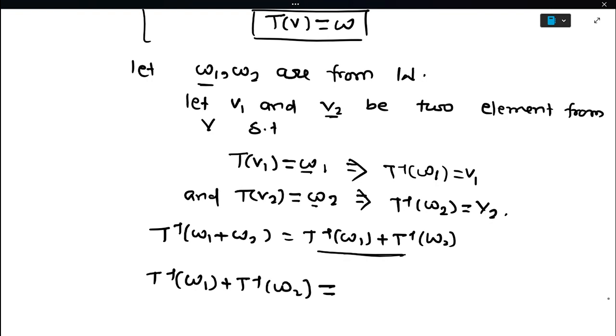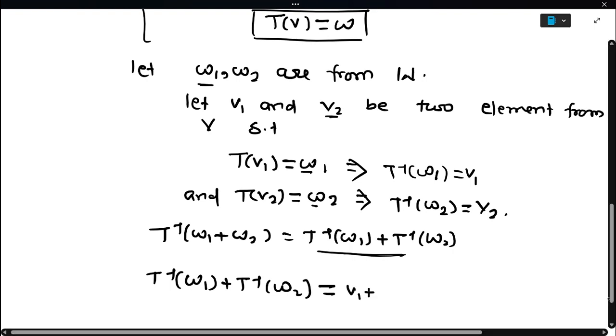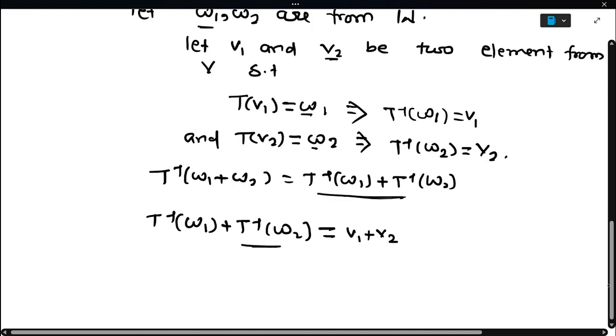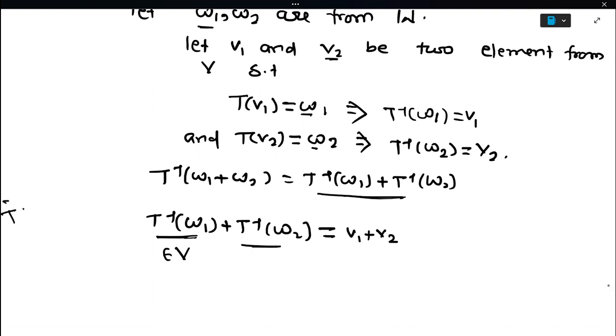So since the value of T inverse W1 is V1, we can write V1 here, and since the value of T inverse W2 is V2, we can write V2. Now this is an element of vector space V, because T inverse is a function from W to V, so the image element will be in V.